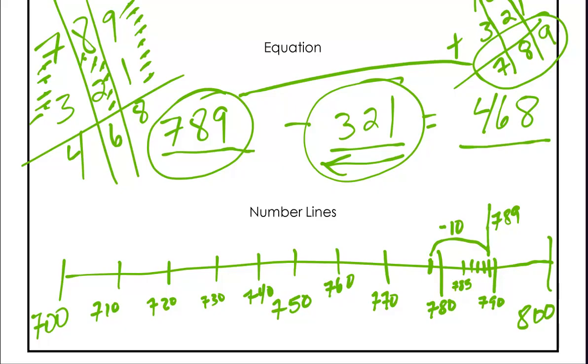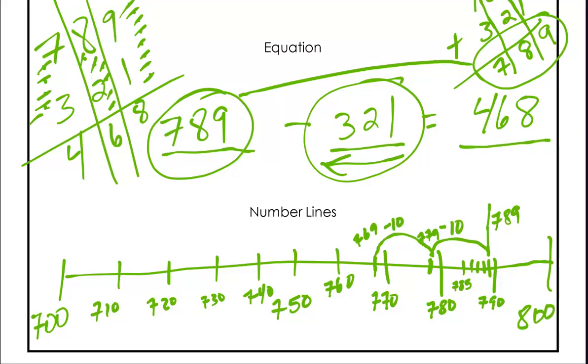Now I'm at 779. So I take 10 more away. That would go to 769. 769 would be about here. So I make another jump, and that's minus 10, and that's 769. Okay, so that takes care of my 20, right?